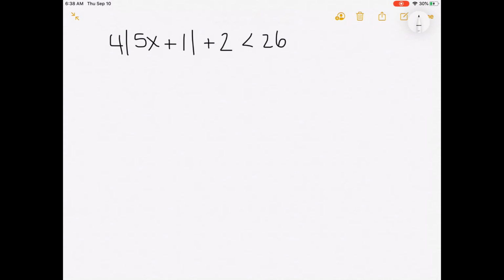Okay, let's continue with another absolute value inequality. So now we have 4 times the absolute value of 5x plus 1 plus 2 is strictly less than 26. So again, the first thing that we need to do is isolate our absolute value. That way we can consider the 2 possibilities. So first what I'll do is subtract 2 from either side.